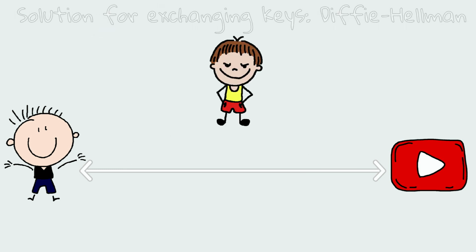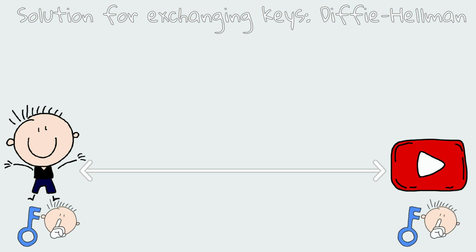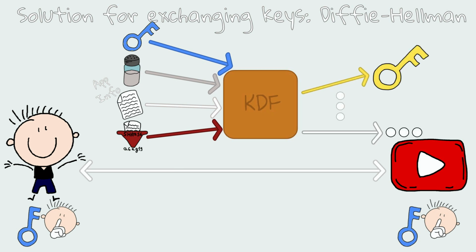Again, we explained in our previous video key exchange algorithms such as Diffie-Hellman. With these algorithms, a shared secret key will be computed on JP's side and on YouTube's side. Then, the shared secret key will be fed to the key derivation function, which will output for us many keys, including the key which will be used for the symmetric data encryption.